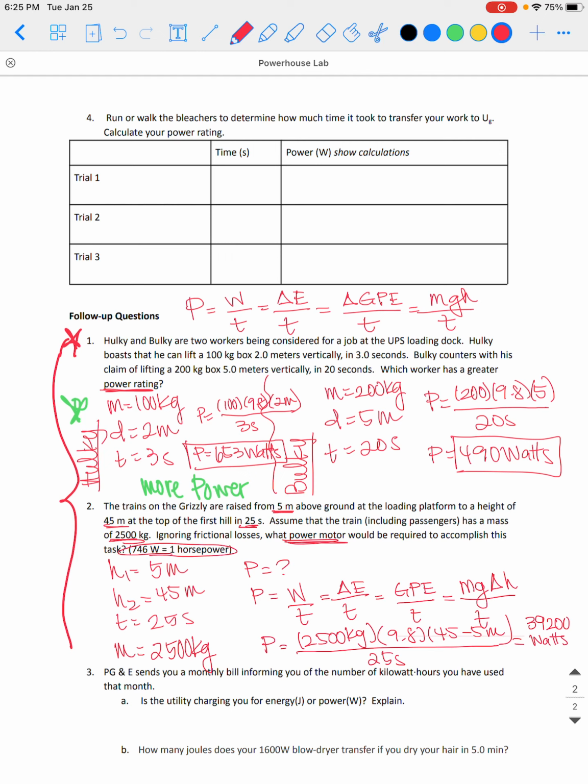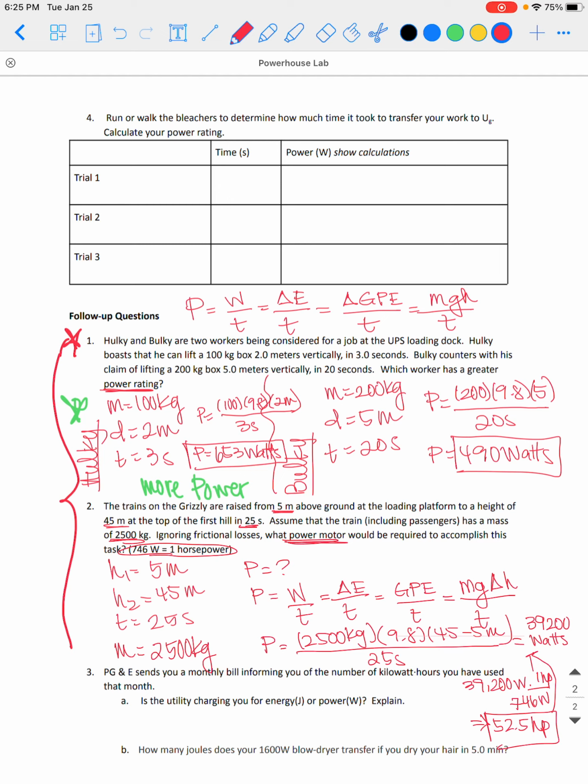So what you want to do here is take your 39,200 watts and multiply by 1 horsepower over 746 watts, and you will get your value in horsepower. So this one would turn out to be 52.5 HP. So this is our answer for question number 2.